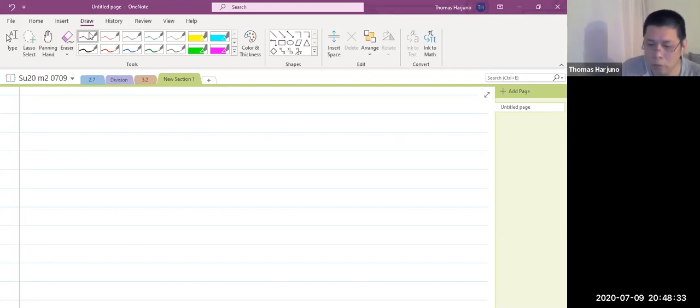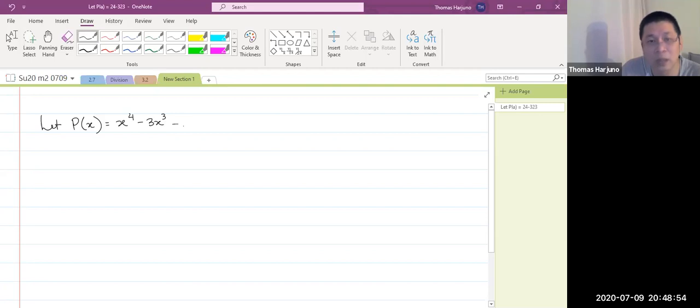Okay, so we do the following. Let P(x) be x to the 4th minus 3x cubed minus 8x squared plus 12x plus 16.